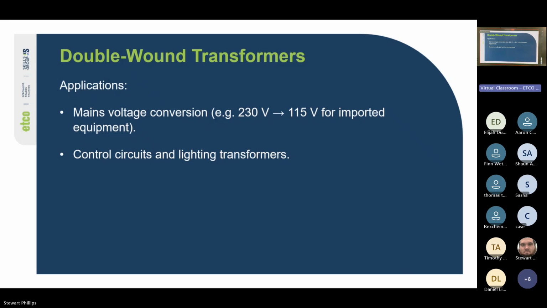Has anyone heard of what we call a dichroic lamp or a dichroic light fitting? They usually come with a little transformer that we call a pinky.